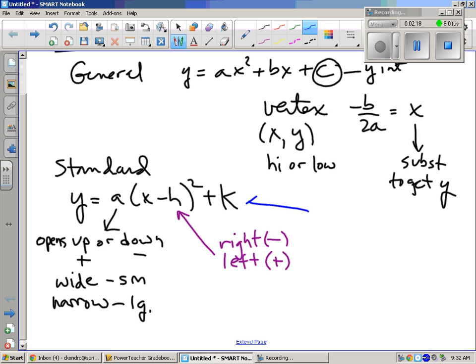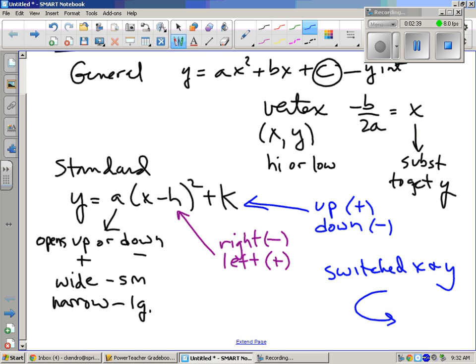K is either up or down, and the up is your plus, the down is your minus. Okay, so if you see that x and y have been switched, a switch of x and y means it's going to be a sideways parabola, and that's kind of the new twist. You haven't done much with that.